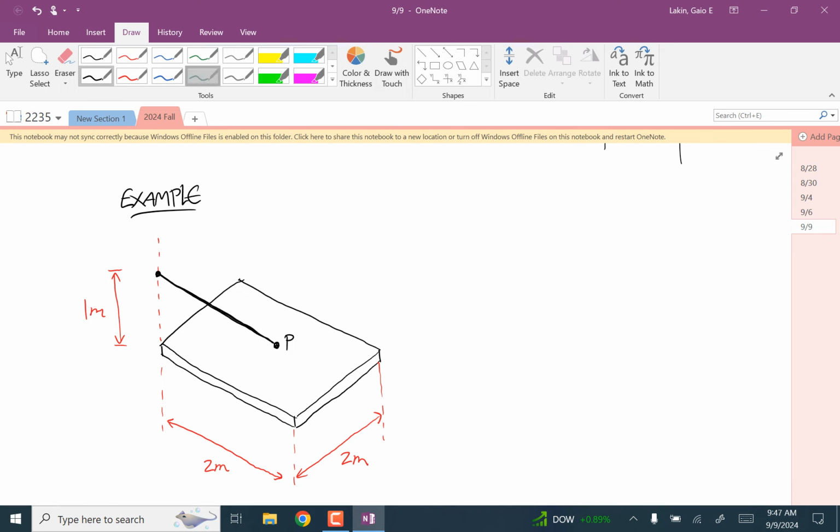I'm going to use a coordinate system with its origin here. So I'll make this the x-axis, this the y-axis, and then this the z-axis.